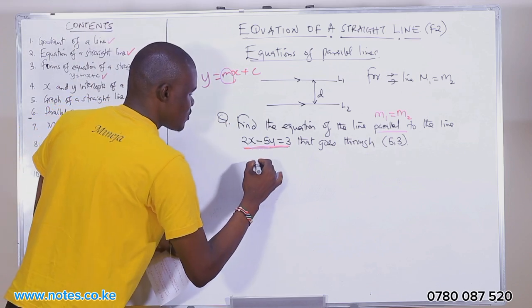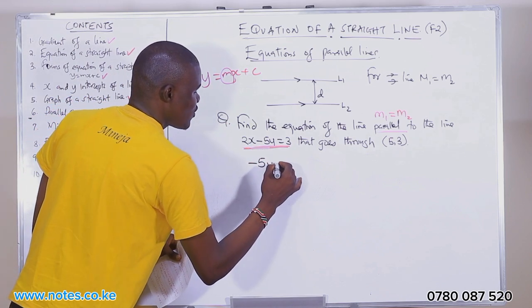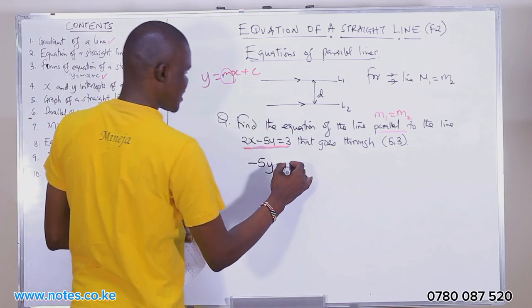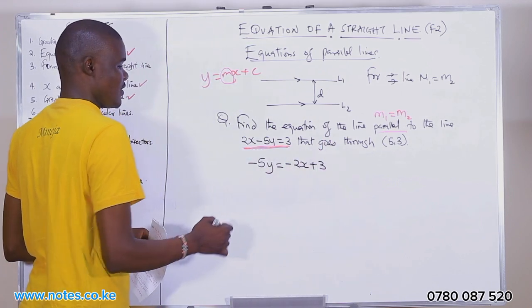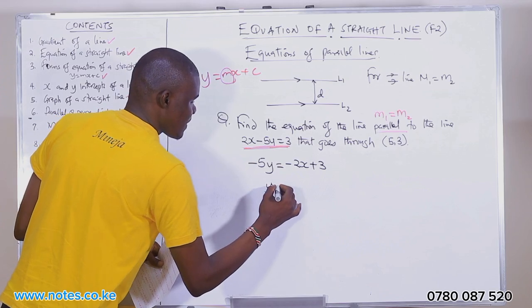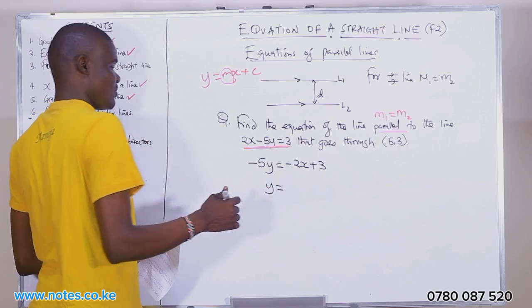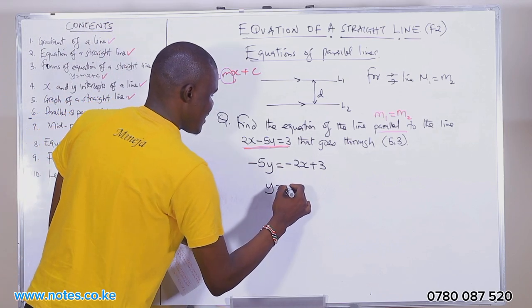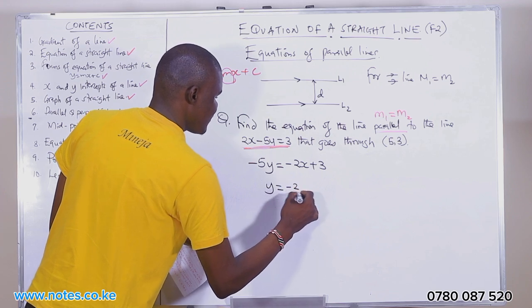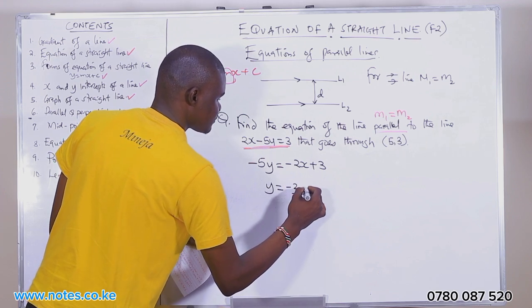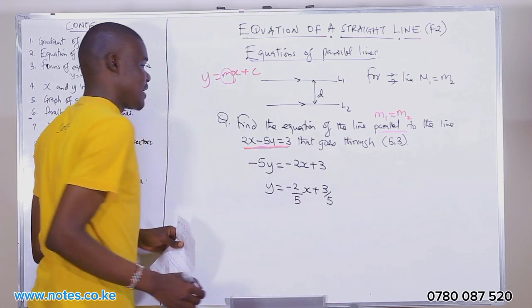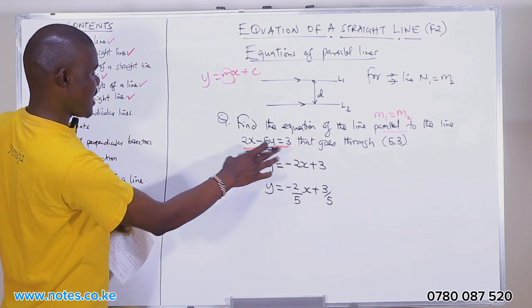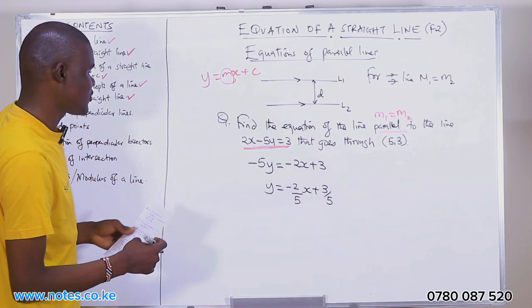Very important. So minus 5y, we move it to the other side. Very simple. And then now we simplify. We make y the subject of the formula by taking this other term to the other side. I think I did it well. I took that to the other side, and it becomes positive.